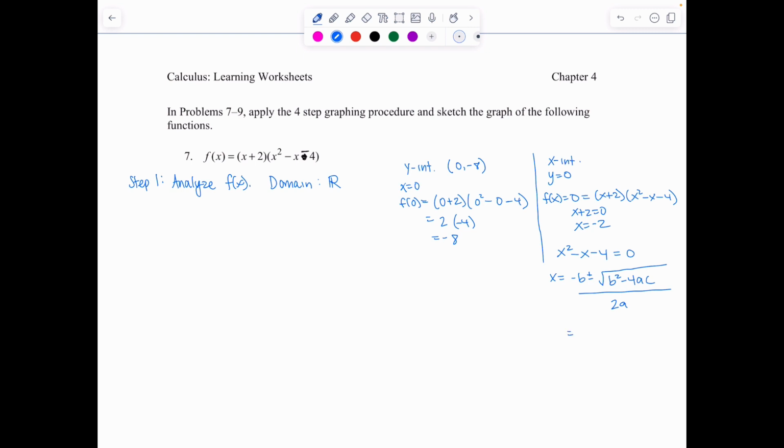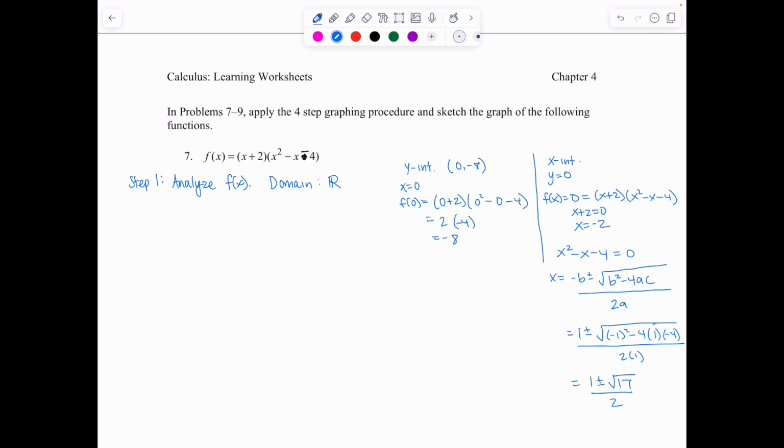So this will give us b negative negative 1, so we have 1 plus or minus square root negative 1 squared minus 4 times 1 times negative 4 all over 2 times 1. This will give us 1 plus or minus root 17 over 2.